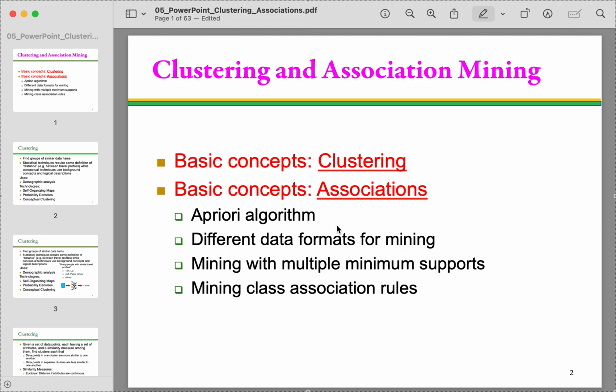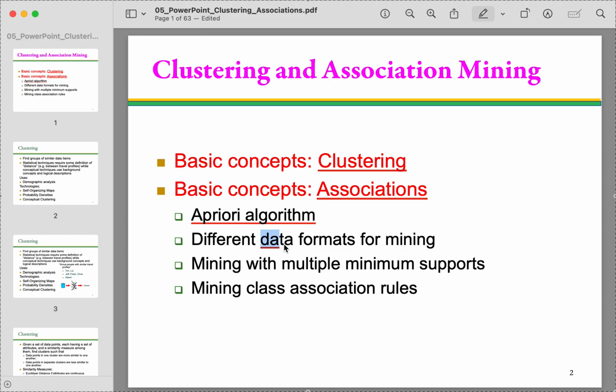This kind of rules can be extracted from data, usually transactional data, to find relationships or correlations between the items that are being purchased or that are in the same transaction together. The most popular algorithm for this is called the Apriori algorithm.